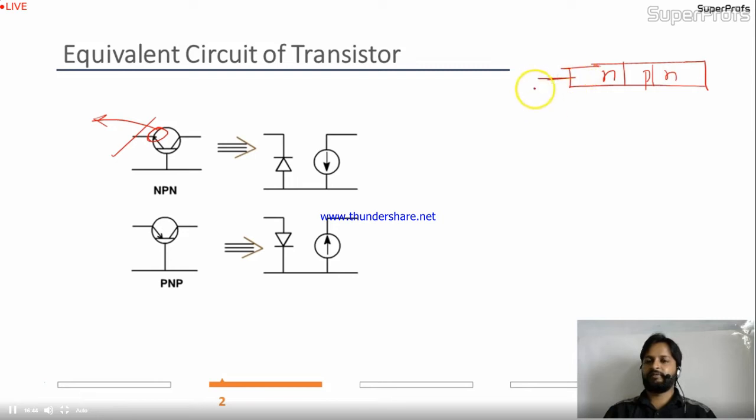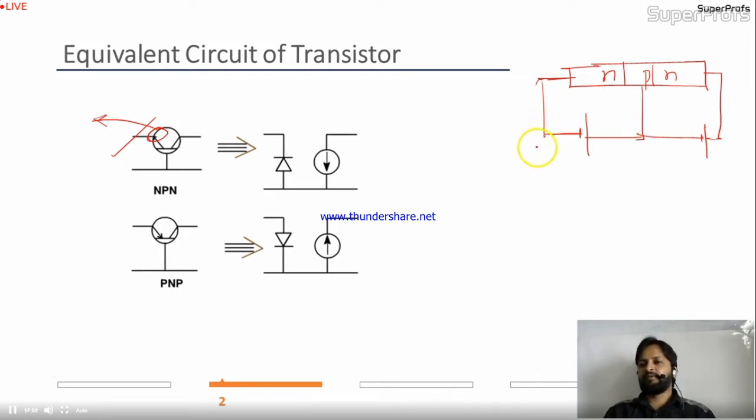We are applying this junction with forward bias, and to this junction I'm applying reverse bias.